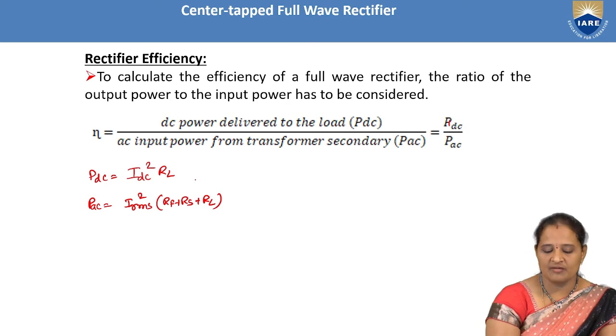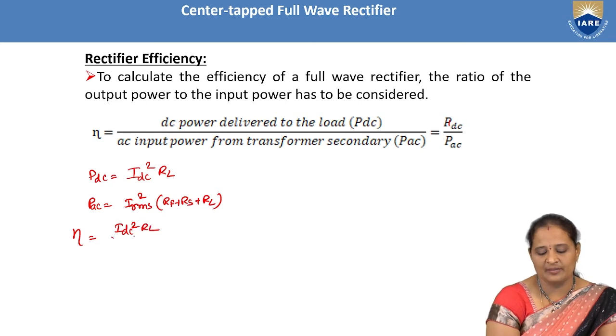Now just substitute this in the equation. So IDC square into RL divided by IRMS square into RF plus RS plus RL.